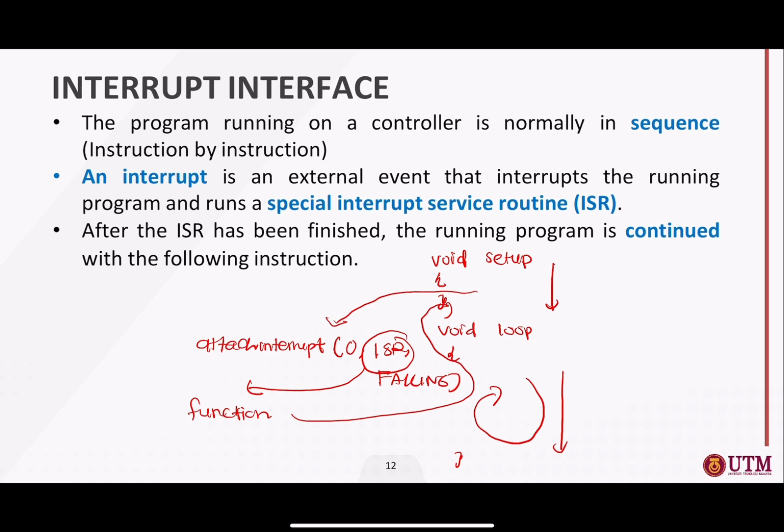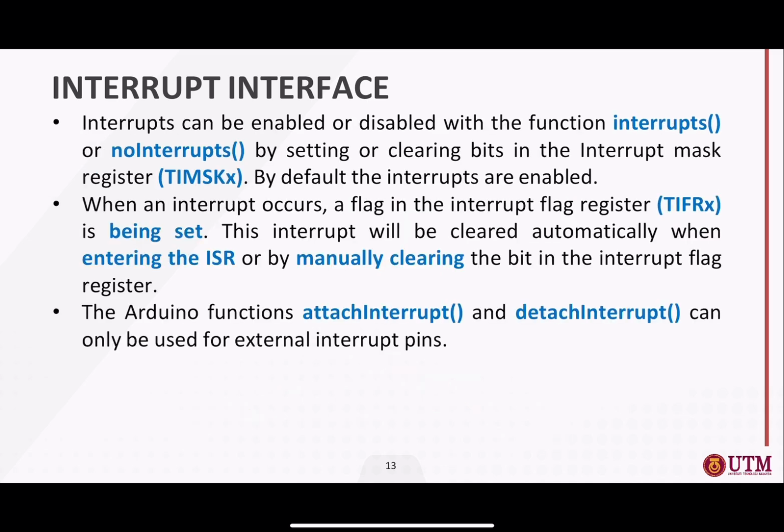Interrupts can be enabled or disabled with the functions interrupts or noInterrupts. If you wanted to enable, you use interrupts. noInterrupts means that you disable. By default, the interrupts are enabled.